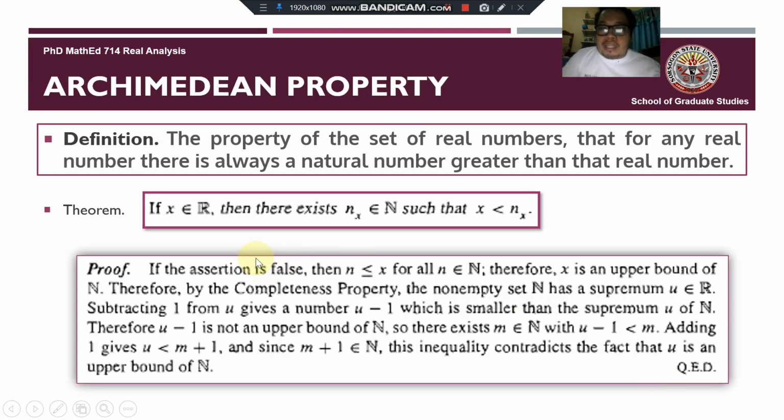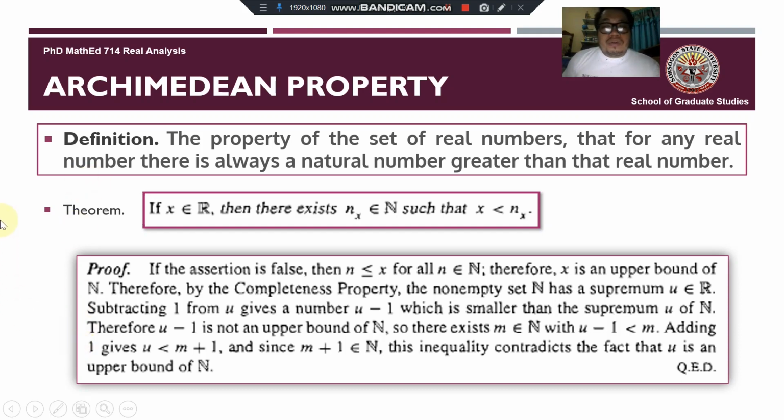So on the next slide, we have the Archimedean property. It is defined as the property of the set of real numbers that for any real number, there is always a natural number greater than that real number. Stated as a theorem, if x is an element of the set of real numbers, then there exists n sub x, an element of the set of natural numbers, such that x is less than n sub x.